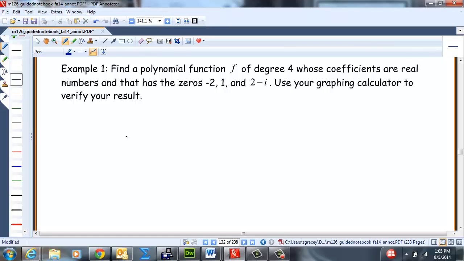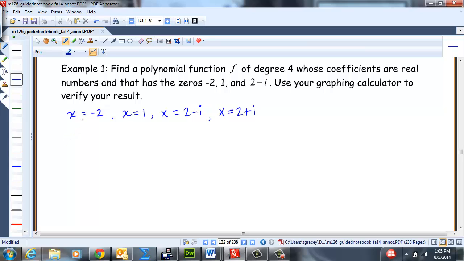So, okay, let's just list out our zeros. x equals negative 2. x is 1. x is 2 minus i. So what's the complex conjugate of 2 minus i? Good. x is 2 plus i.